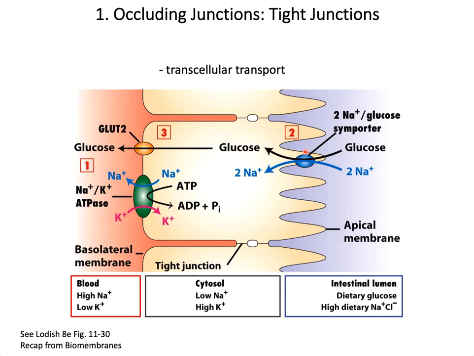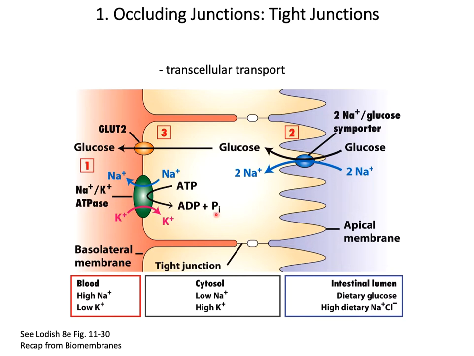Once glucose is in the cytosol, it can quickly be transported out of the basolateral side through the action of GLUT2, which is labeled as number 3 in this slide. And you remember the GLUT transporters participate in facilitated diffusion and move glucose down the concentration gradient.